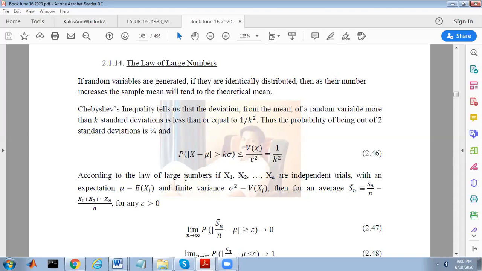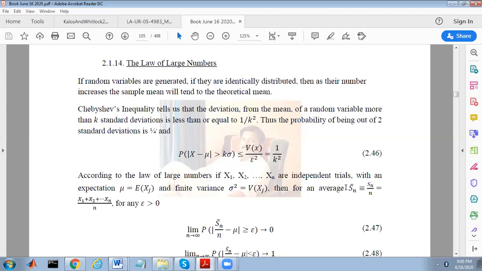So according to the law of large numbers, if you get x1, then x2, then x3, and you say I'm going to get a mean value out of this, and I'm going to get a finite variance, then you take the average of all these, which is what we always do. That's how we get the neutron flux in a reactor: you do one experiment, the second experiment, the third.